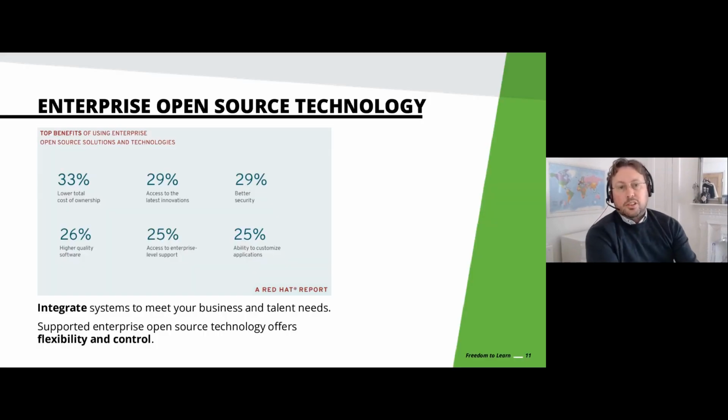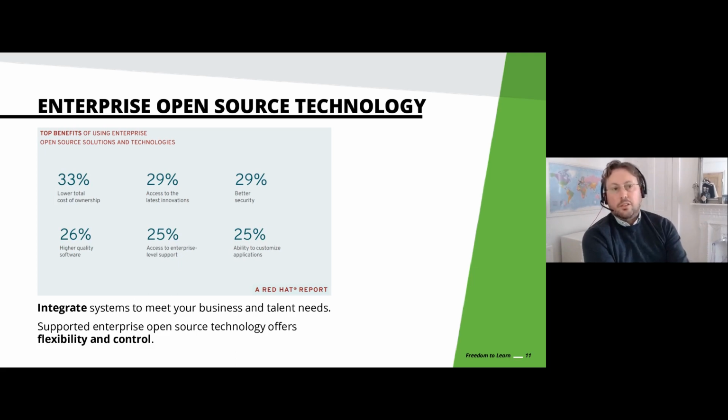So open source technology is very prevalent across organizations around the world. This just indicates the key benefits of taking that approach. It's well worth looking carefully at these benefits, because you can achieve lower cost of ownership, you can innovate faster, you do actually have better access to security, contrary to some perceptions and myths.